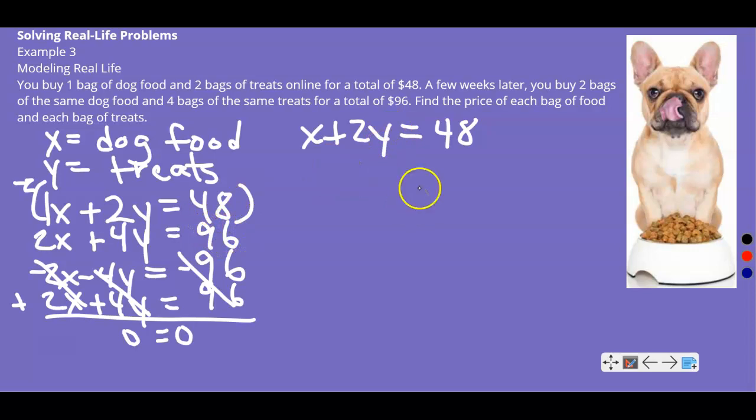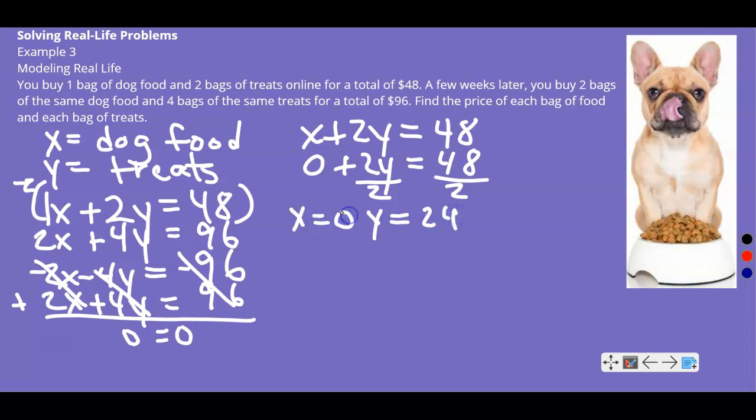So remember, if we find the intercepts, we plug in 0 for x and solve for y. 4 divided by 2 is 2, 8 divided by 2 is 4. So when x is 0, y is 24. So that's one of our intercepts. Now let's do the same thing for the other one.